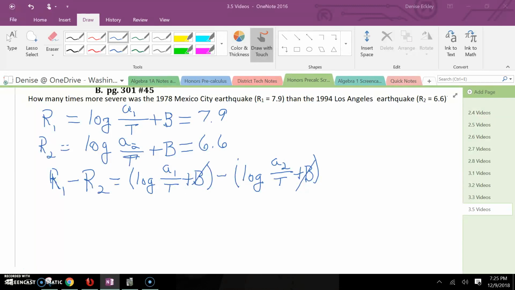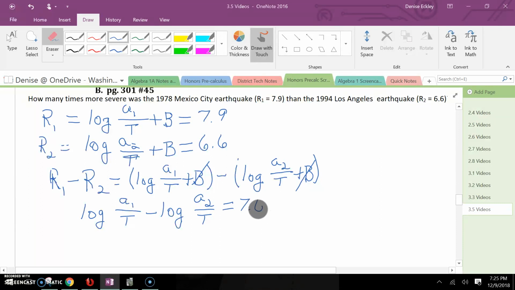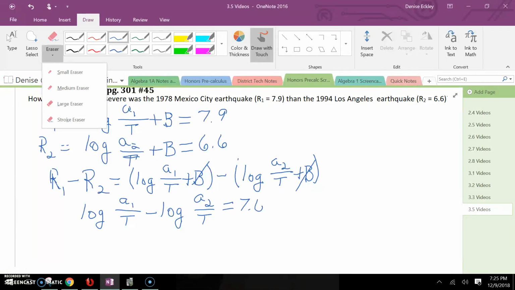So we're going to have the log of A1 over T minus the log of A2 over T, and that is going to equal 7.9 minus 6.6.